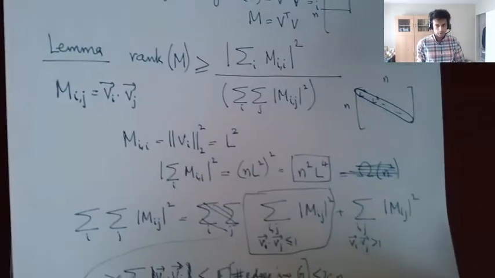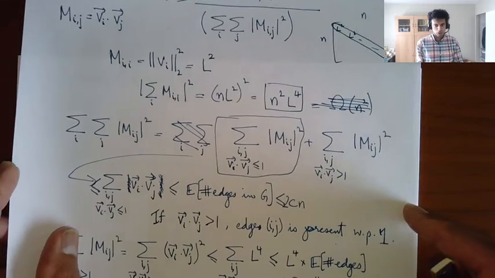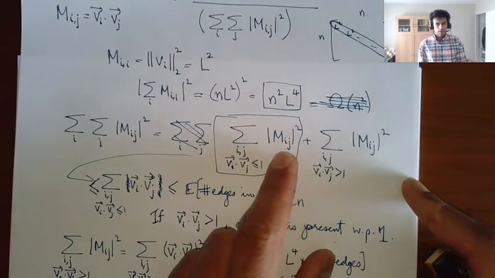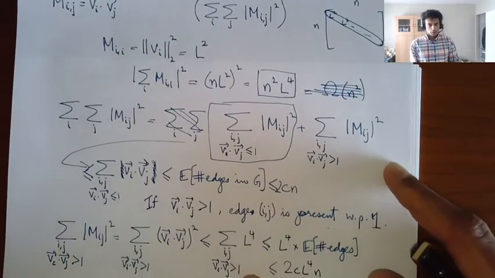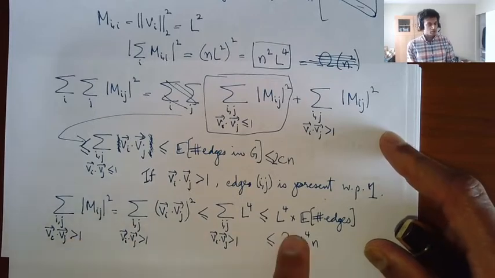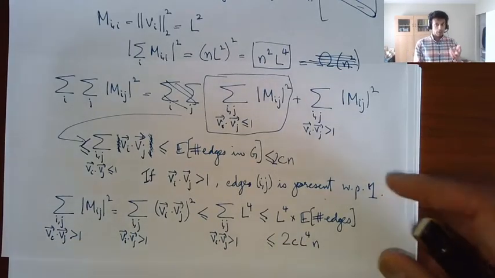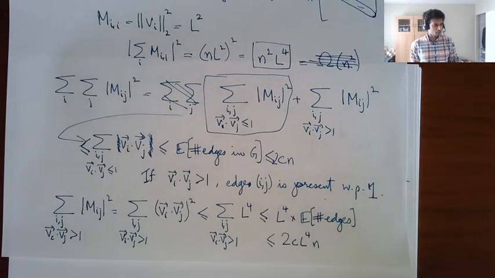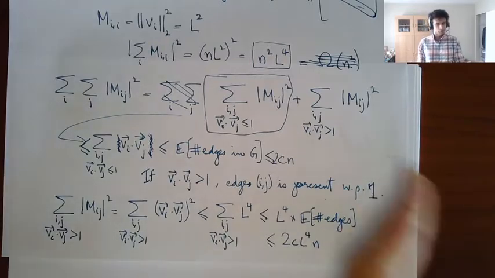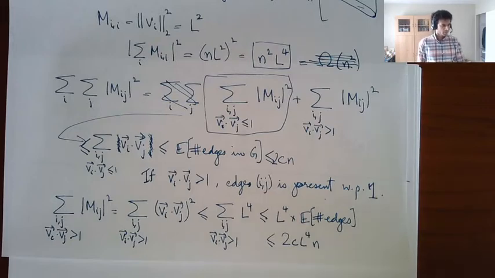No. The problem is if you just bounded all of them by L squared, there may be too many entries. There could potentially be n squared non-zero entries in this matrix. So you cannot bound all of them by L squared, or in this case L to the fourth, because it's the entry squared. Does that make sense?